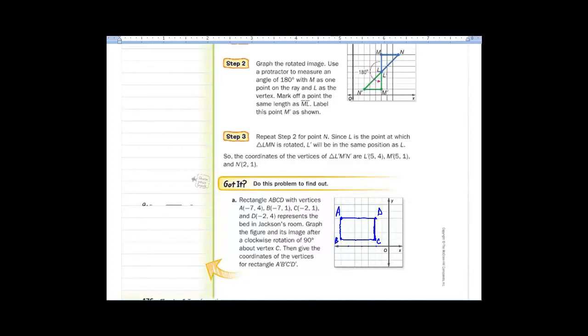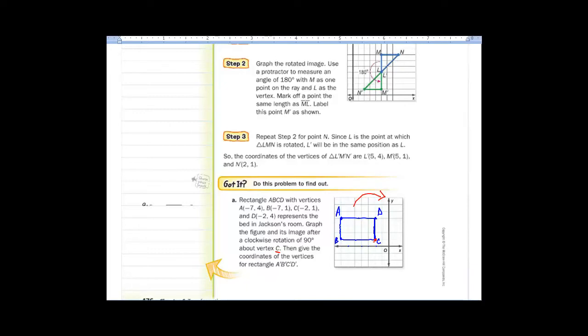All right, now it says, this is the bed in Jackson's room. Graph the figure and his image after a clockwise rotation of 90 degrees. So, clockwise means that you're going to be going this way. And it's 90 degrees, so that's one turn, about vertex C, which means C stays the same.